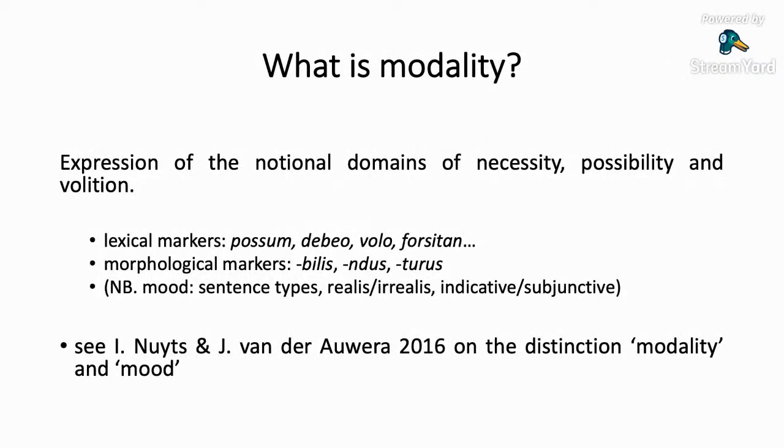Now, I would like to spend just a few words on what modality is. So, modality is the expression of the notional domains of necessity, possibility, and volition, at least in our project. Then there are other projects which have a different perspective, but usually necessity and possibility are there. And so we analyze lexical markers such as possum, debeo, volo, forsitan, and morphological markers such as adjectival suffixes, so bilis, andus, turus.